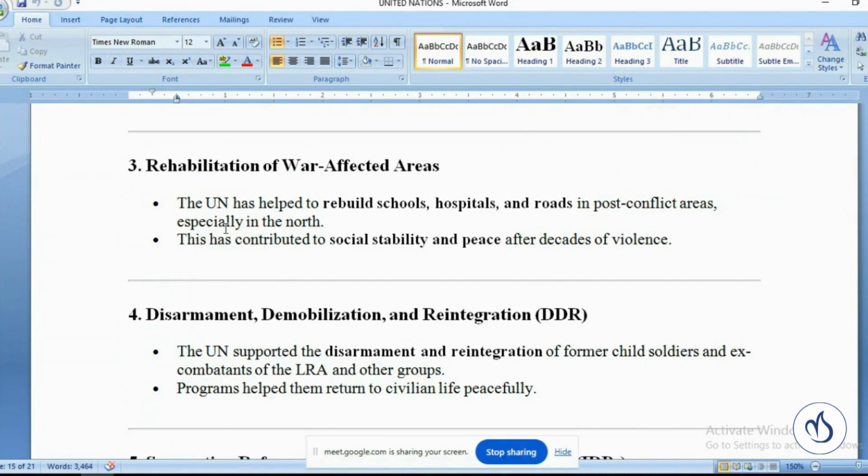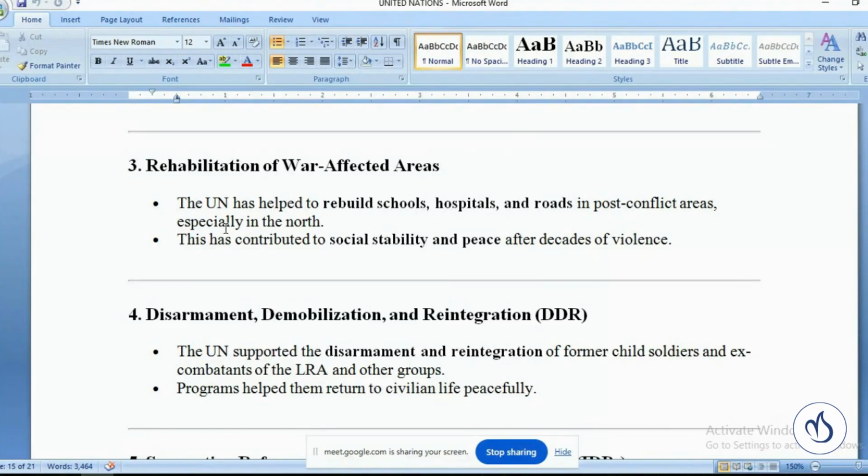When we had a war here in Uganda, after 1986, remember those people in Luweero were highly affected by that civil war. Those people didn't go to school simply because of the war. And very many schools were destroyed, hospitals, roads.